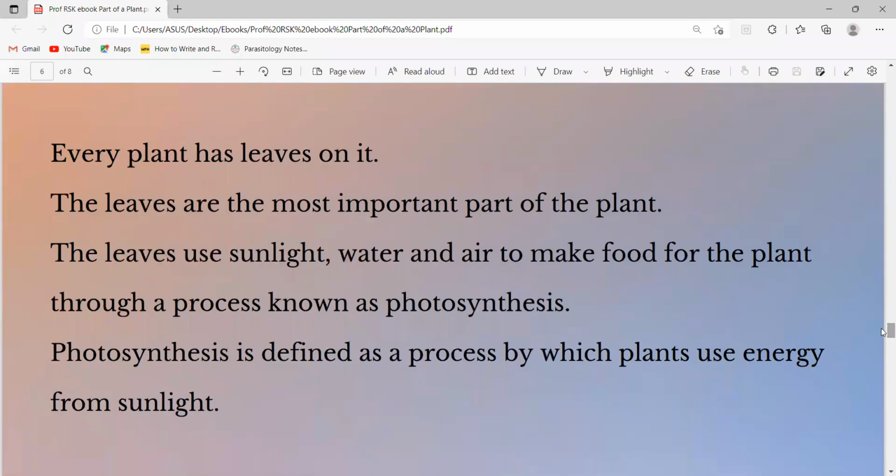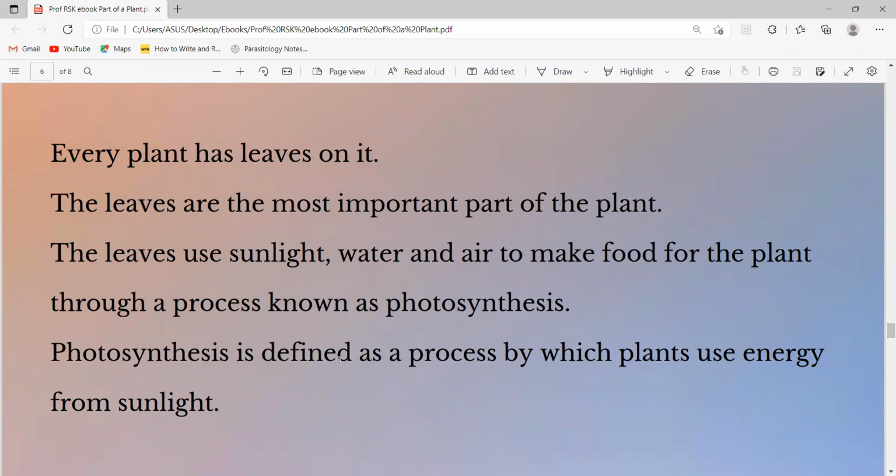And the leaves, we know the major thing it does is to prepare food for the plant. And the process by which green plants manufacture their food in the presence of sunlight, water, chlorophyll is known as photosynthesis. All right. So please, we take note of that.